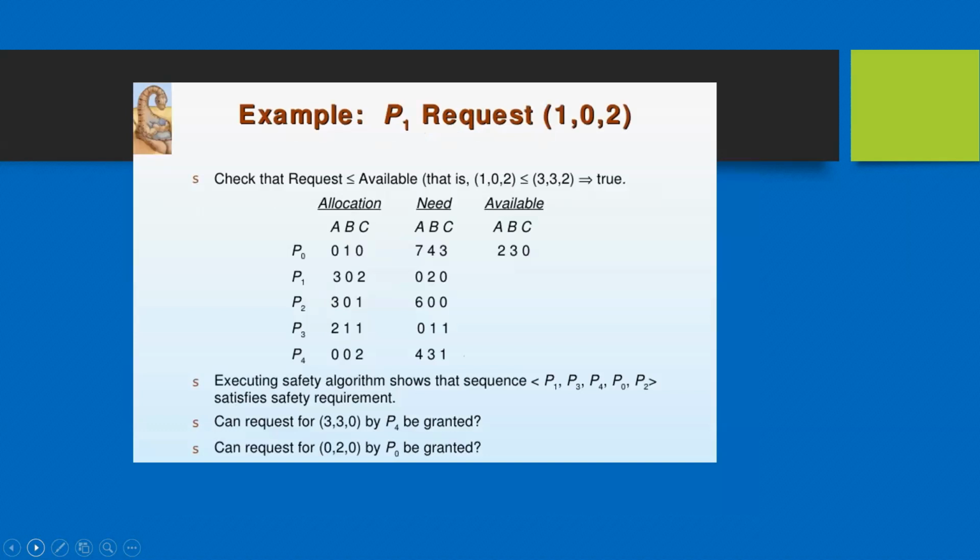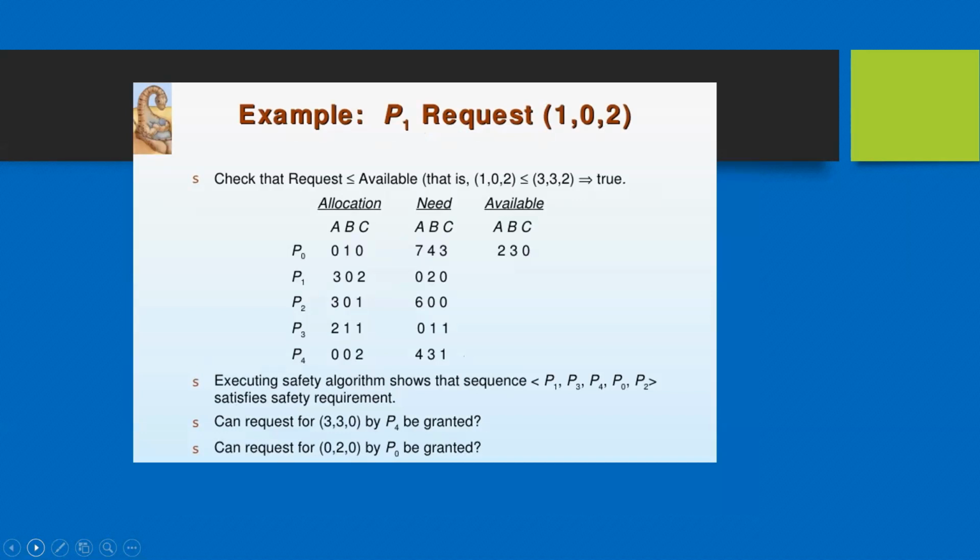Check the request is less than or equal to available. Here there is a request matrix and an available matrix, again with P0, P1, P2, P3 and 3 resources A, B, C. P0 needs 7, 4 and 3 instances of A, B and C to complete.